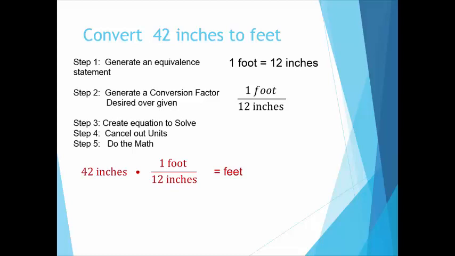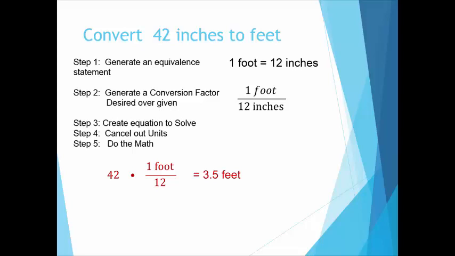Let's cancel out units to make sure we're still all in sync and everything's going to work out the way we want. What do we have? I've got inches over inches. Okay, I'm left with what? Foot, or in this case, feet. Okay, we're looking good. Let's do the math. So 42 times 1 over 12, right? Conversion factor gives me 3.5 feet.